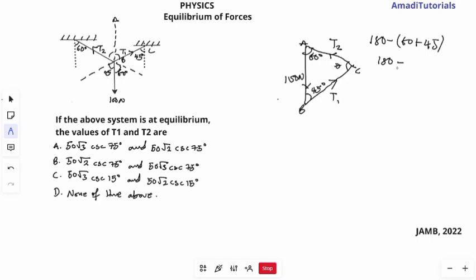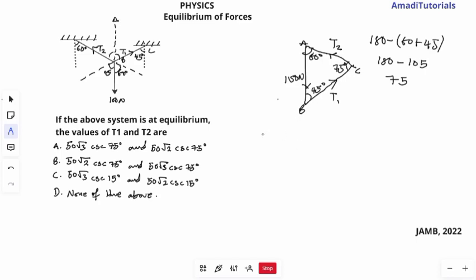So 60 plus 45 is 105. If you subtract that from 180, you have 75. So that means that angle there, theta, is 75 degrees. So I write it down, 75 degrees.